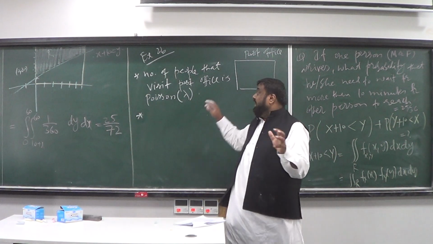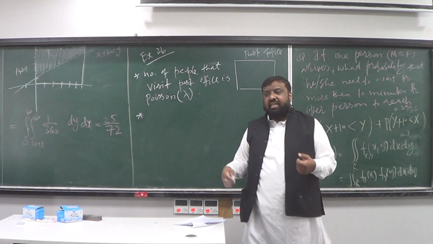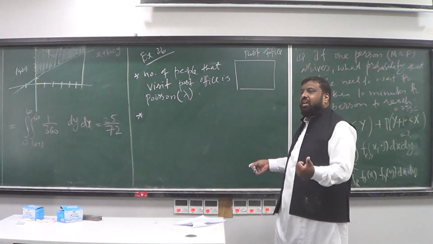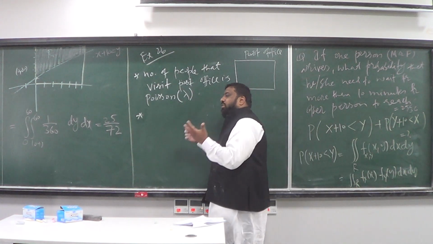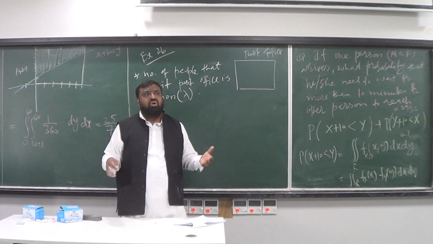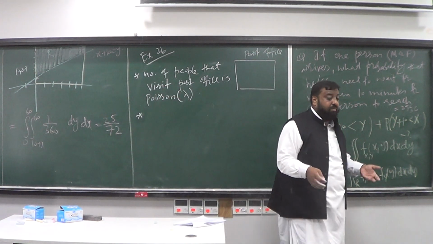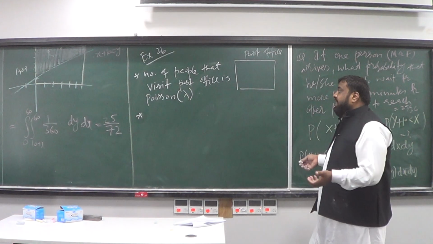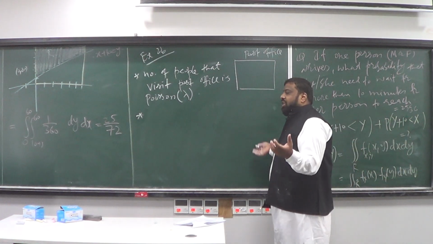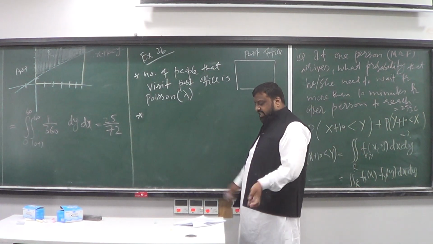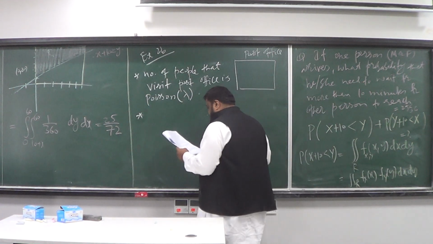Among these people who visit the post office, if we assume that the number of females and the number of males that visit have a Poisson distribution, then these two random quantities should be independent of each other.